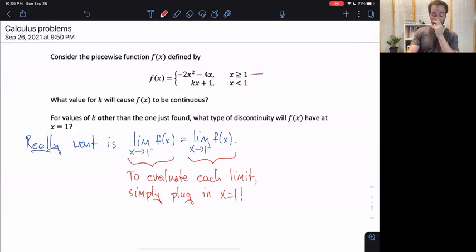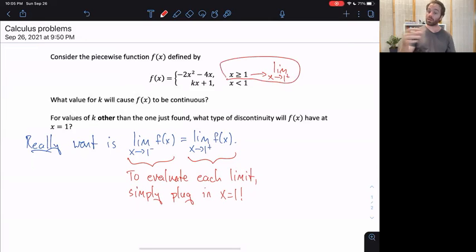This right here means that the first formula is the right-hand limit, because this is all the values of x that are beyond 1. If you count down to 1 from the right, then this is the right-hand limit.